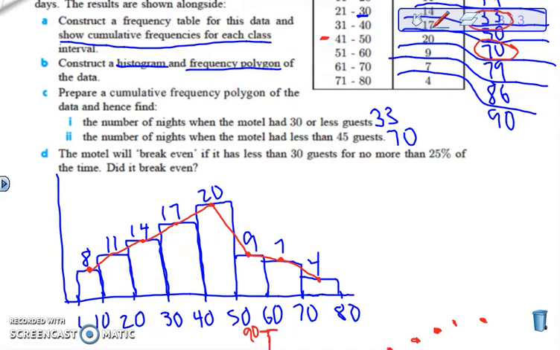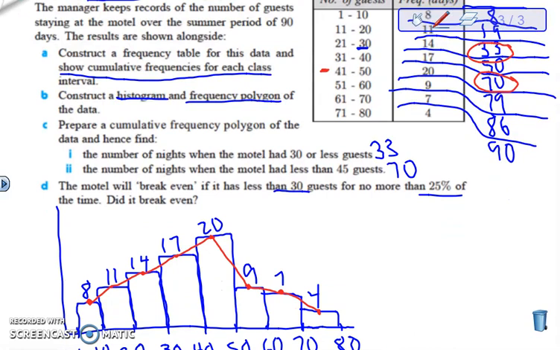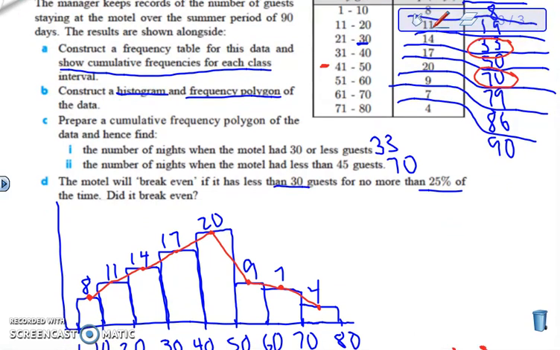Okay, so the motel will break even if it has less than 30 guests for no more than 25% of the time. So if there were 90 total days and we had 33 days of less than 30 guests, that will give us our percentage.